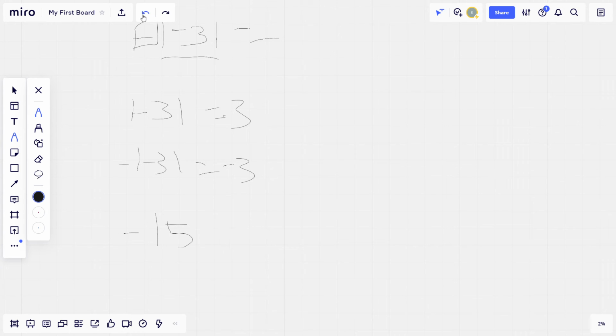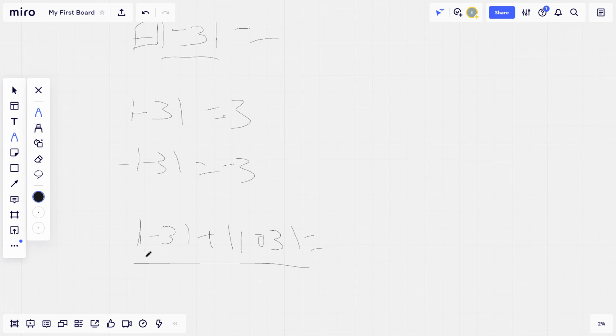Now there's also another one. The absolute value of -3 plus the absolute value of 103. What is that equal to?